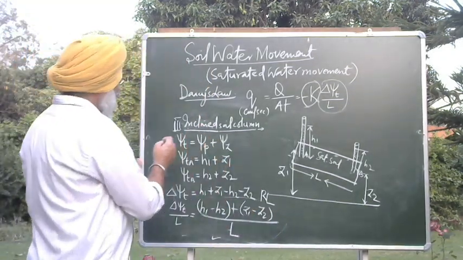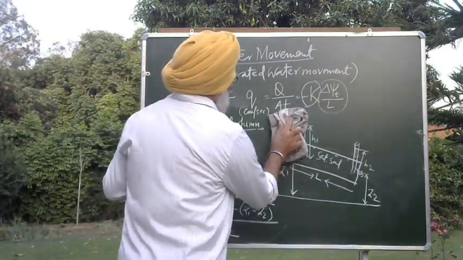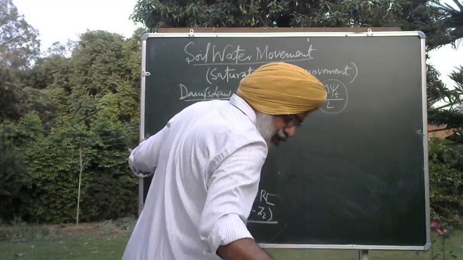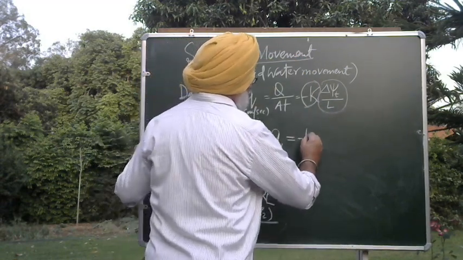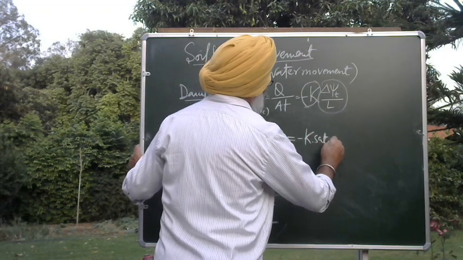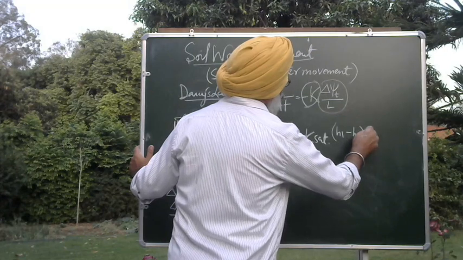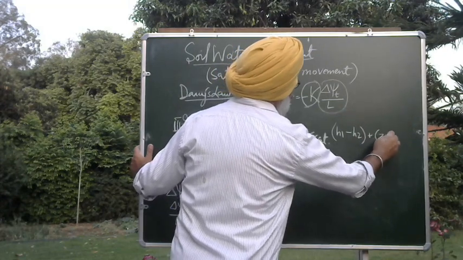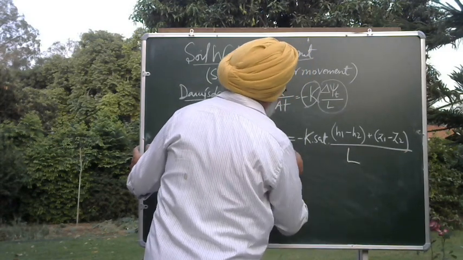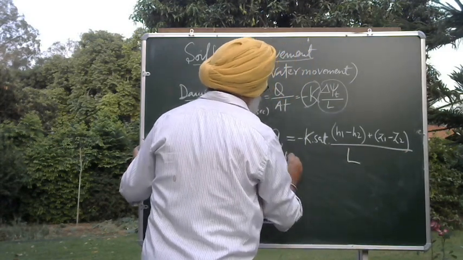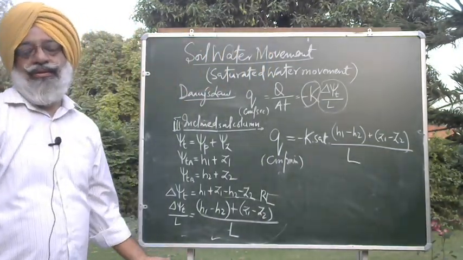You substitute this value in Darcy's equation. So K sat multiplied by H1 minus H2 plus Z1 minus Z2 divided by L. So this is how you can calculate the flux of water in centimeter per minute or centimeter per second.